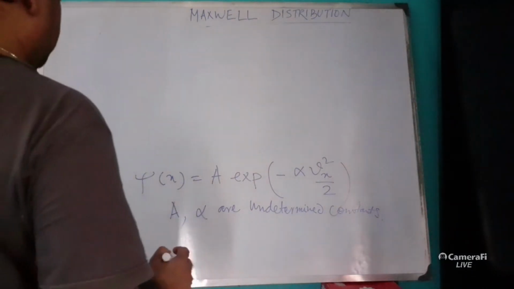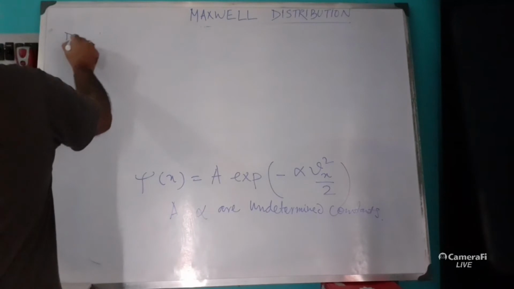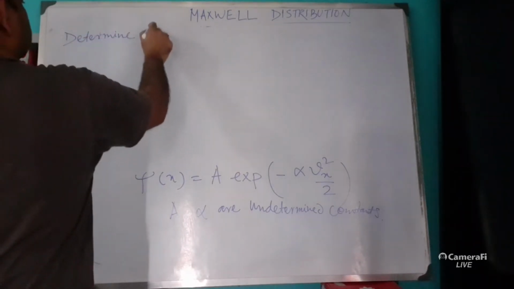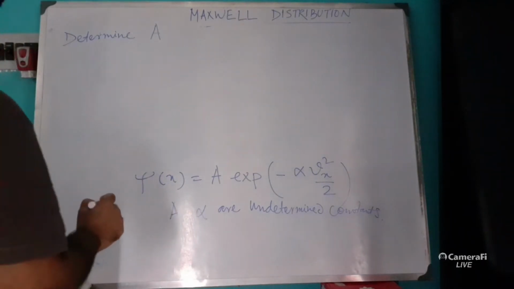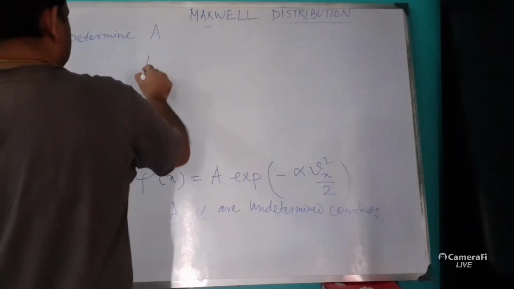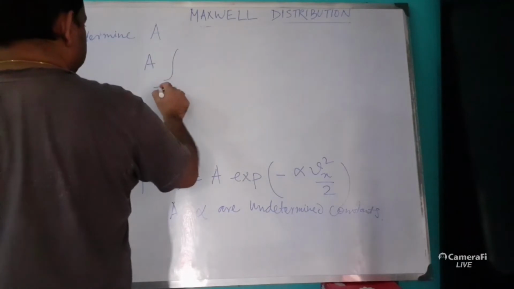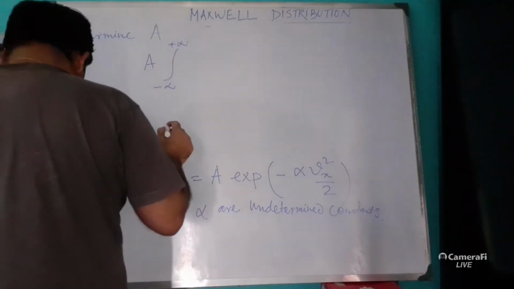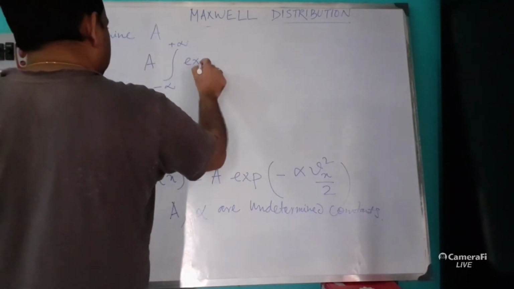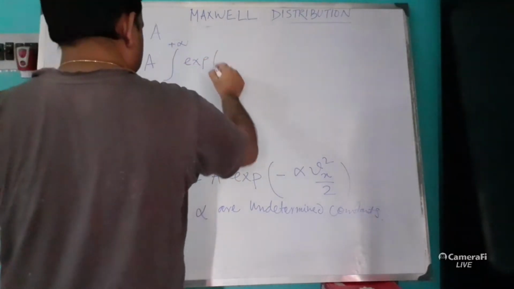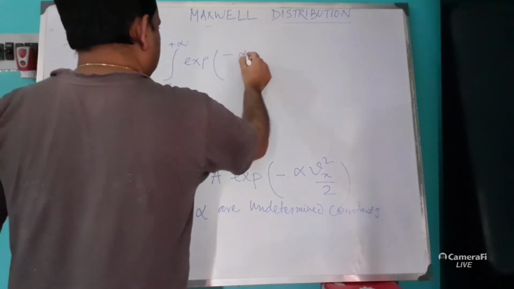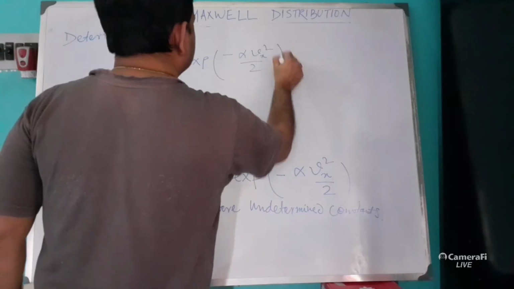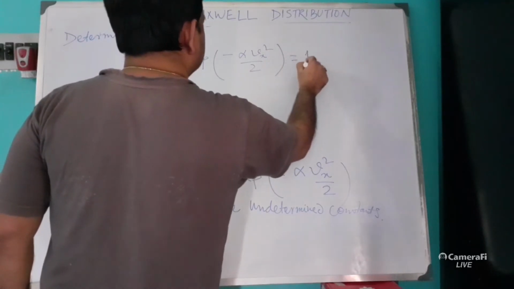Now we would like to determine the constant a. Since we know a times the integration from minus infinity to plus infinity of exponential minus alpha vx square by 2 is equal to 1.